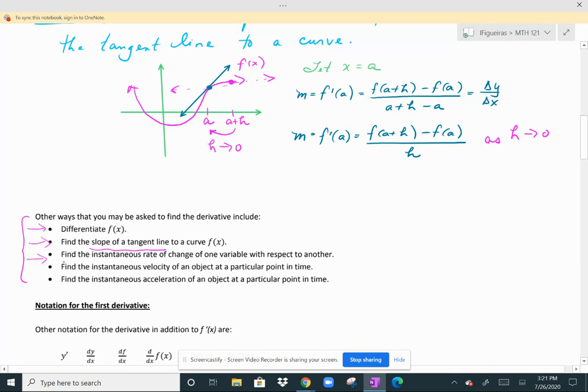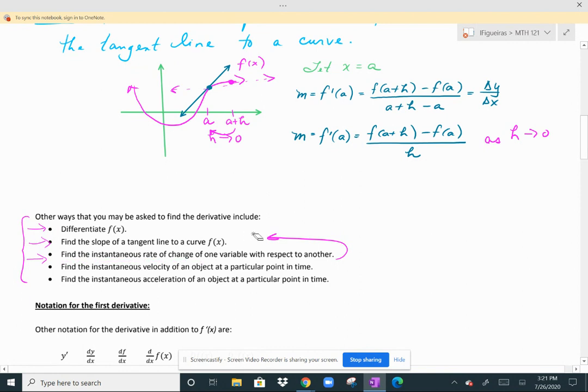This vocabulary might be used. You might be asked to find the instantaneous rate of change of one variable with respect to another. Again, instantaneous means at a single point or at a single moment of time, depending on the problem, which again goes back to a tangent line, not an average rate of change like a secant line.